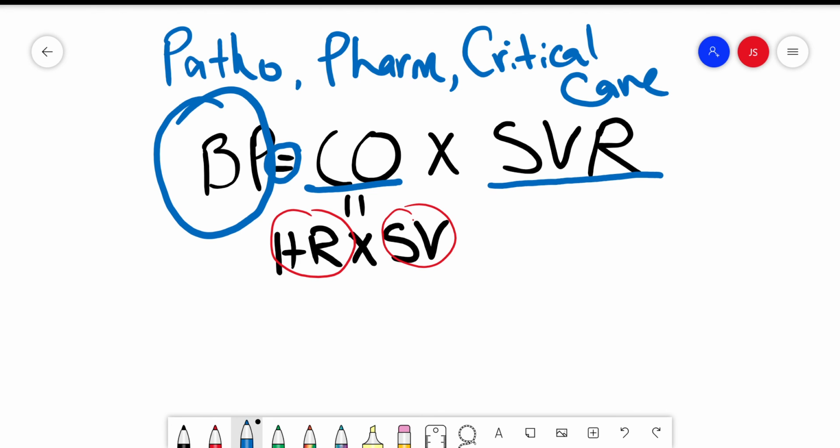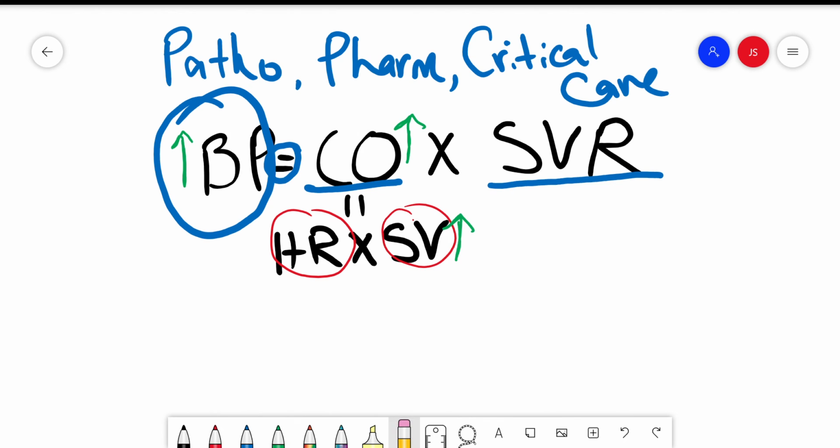So in this equation, if we have a drug that increases the stroke volume, that means cardiac output is going to increase, because we know cardiac output equals heart rate times stroke volume. If cardiac output increases, that means blood pressure will increase. So by knowing that a drug increases stroke volume, we can deduce that it increases cardiac output, and now we know it increases the blood pressure.